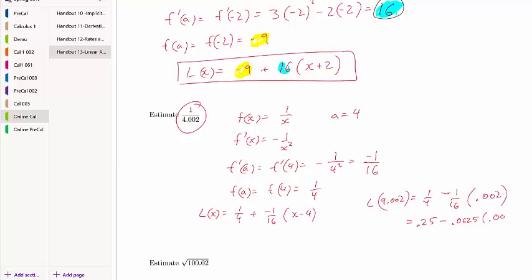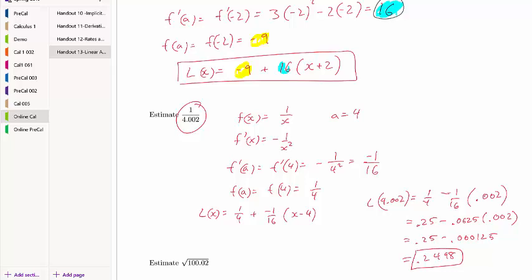And then times 0.002. And as we work it out, we get the following result. Oh, don't forget that parentheses. 0.25 minus 0.000125. Subtract this from 0.25 and we get 0.2498. Which, if you actually were to calculate 1 over 4.002, you find it is pretty much the same as this result right here.